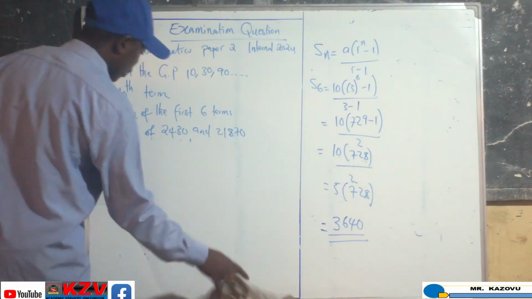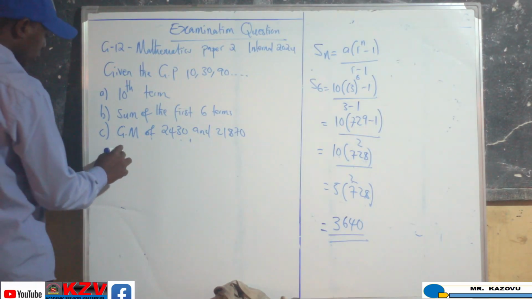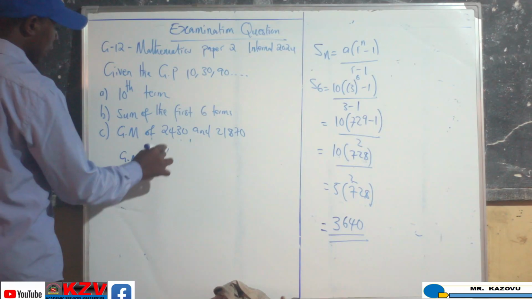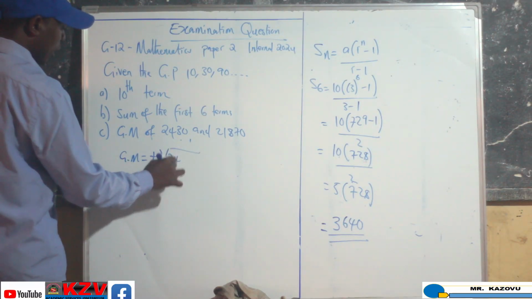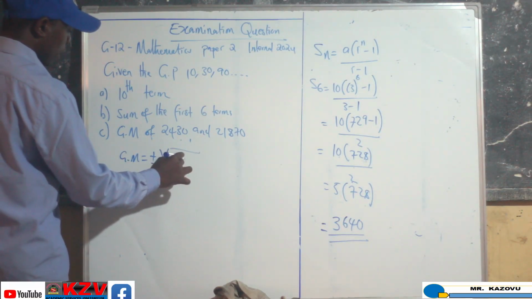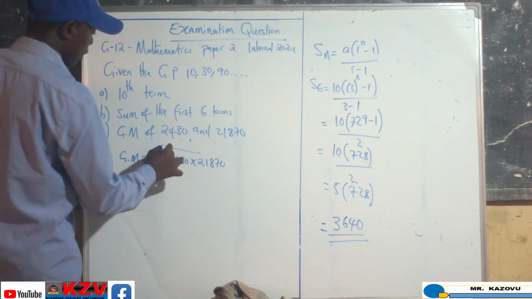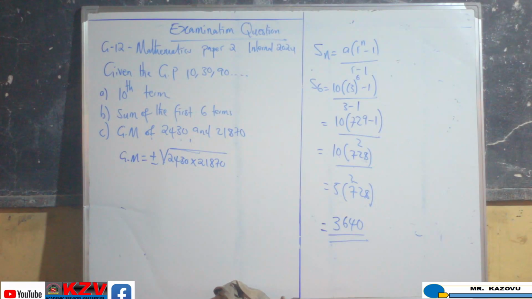So, geometric mean, you remember what we said, right? It says plus or minus. We multiply this one, 2,430 times 21,870. What are you getting? So here you multiply this one and then find the square root. That's your answer.